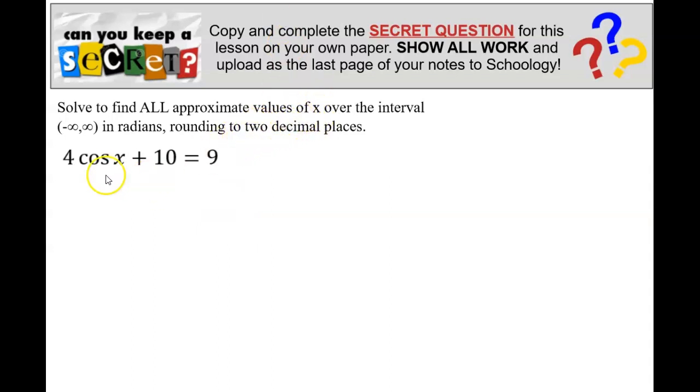So make sure that when you're solving this equation, you're working in radians, that you're rounding to 2 decimal places, and notice that this is asking you to find all of the approximate values, not just the values in 1 revolution, 0 to 2 pi, but all of the approximate values. So you're going to need to write expressions that represent those solutions.